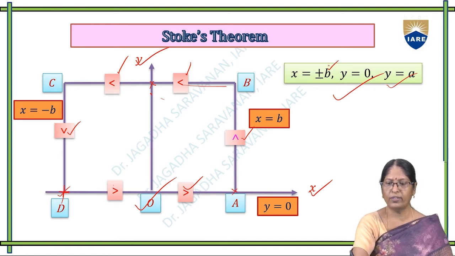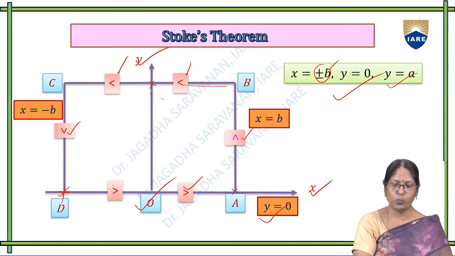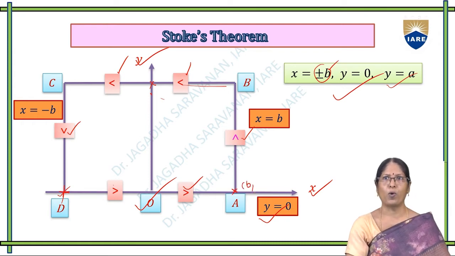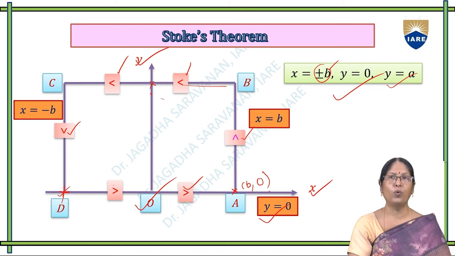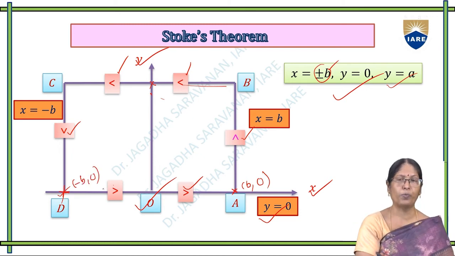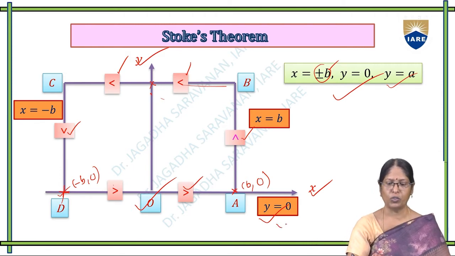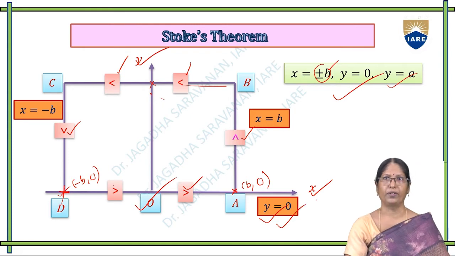When a point lies on the x-axis, y equal to 0. Here minus B is there, then what about y? y is 0. A point which lies on the x-axis has y equal to 0. That's what is mentioned.